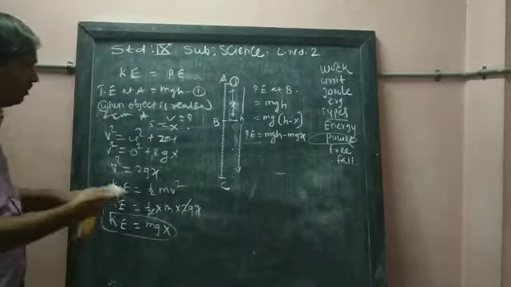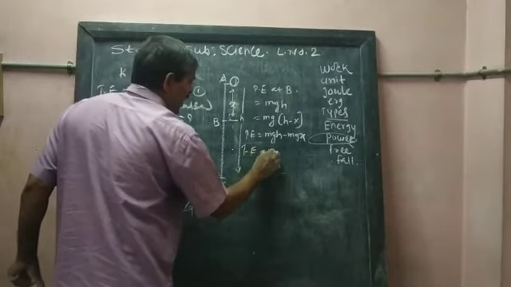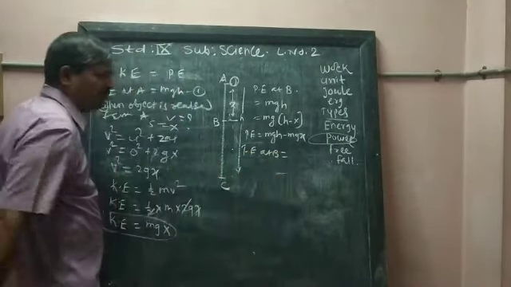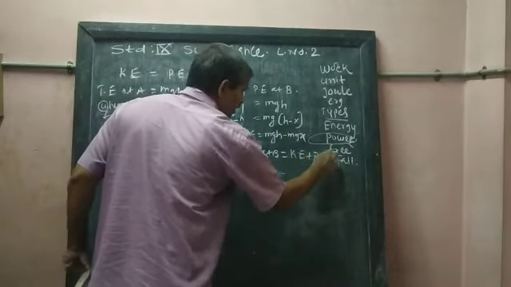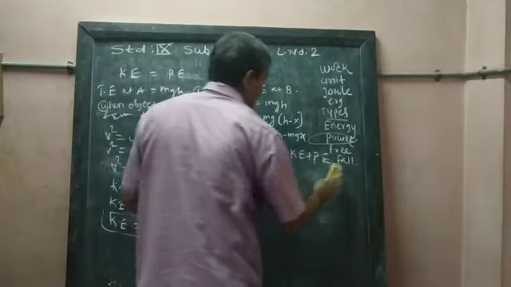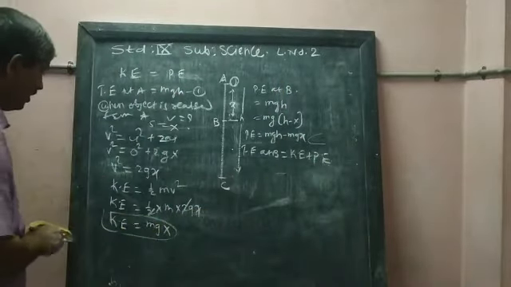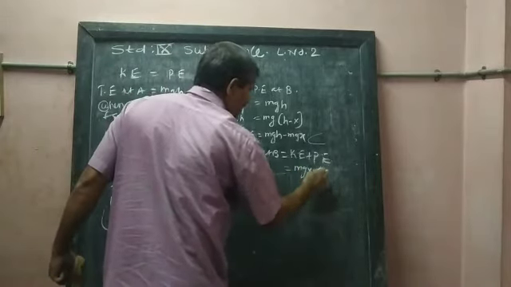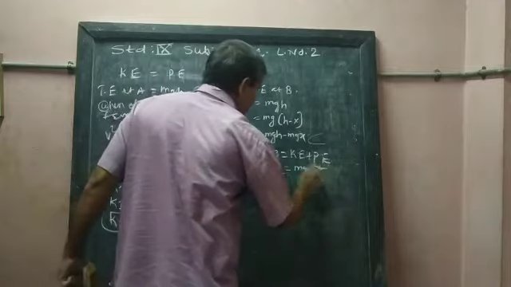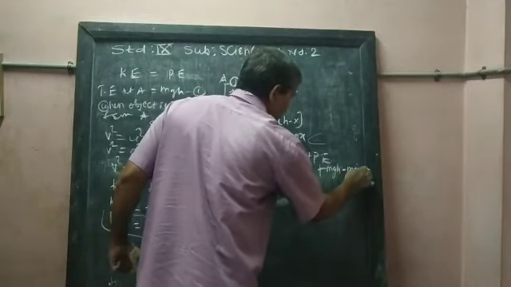Okay. Now find the total energy. Total energy at B is equal to KE plus PE. What is the total kinetic energy? The kinetic energy is mgx, plus what is the potential energy? Here we have written mgh minus mgx.